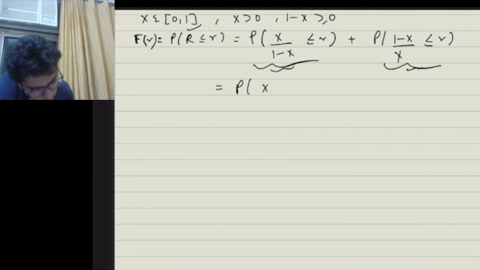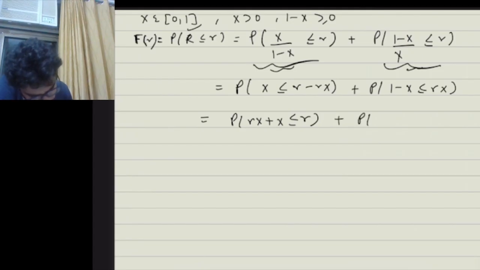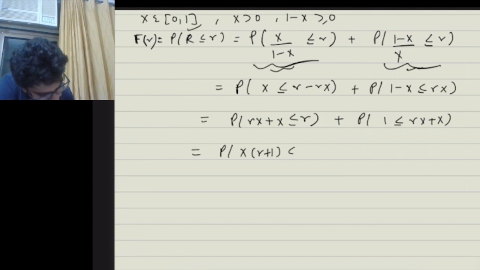So x upon 1 minus x less than or equal to r gives me x less than or equal to r minus rx, and this becomes the probability of 1 minus x less than or equal to rx. This gives me rx plus x less than or equal to r, and this gives me x times (r plus 1) less than or equal to r.